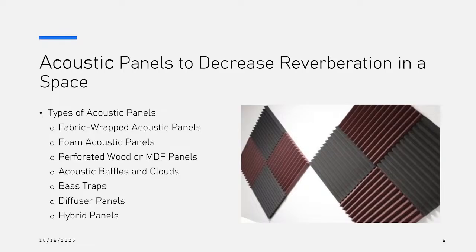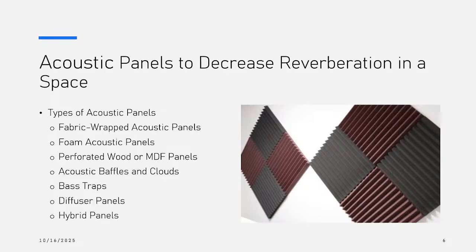Next, I want to talk about something pretty important, or should be important later on as you get to know more about this. Acoustic panels. You've probably seen these just about everywhere in a studio and many other places, I'm sure. Acoustic panels are one of the most effective tools for reducing reverberation in a space.